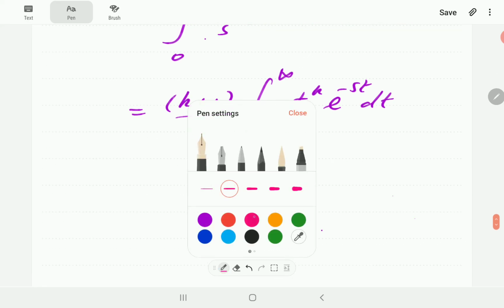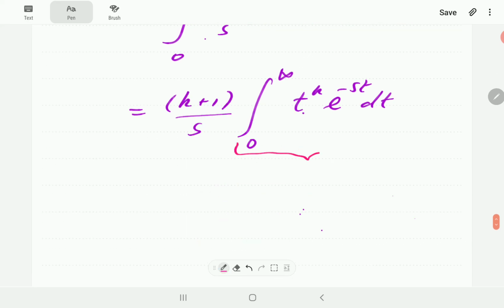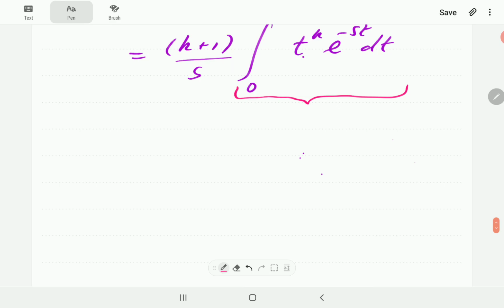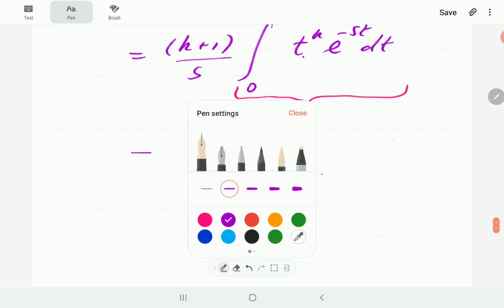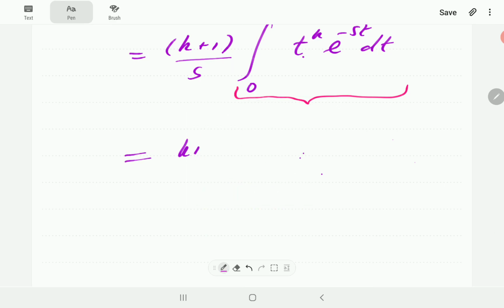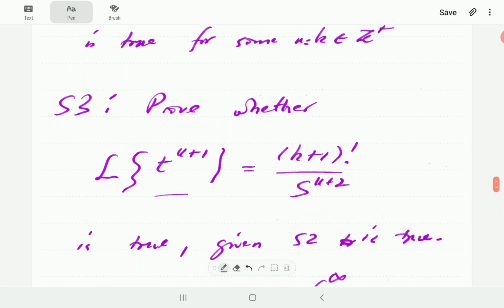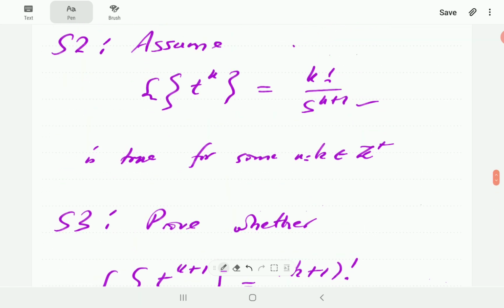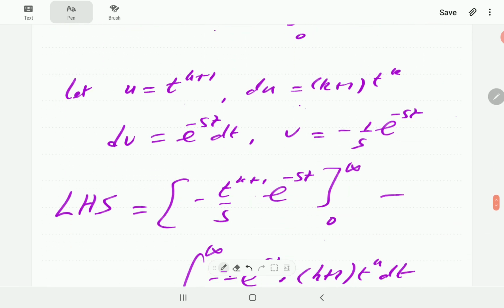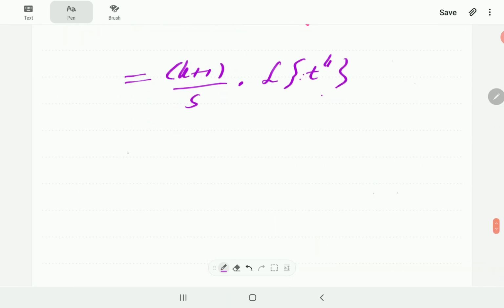But then notice this is just the Laplace transform of t to the power k. So that means we can write this as k plus 1 over s times the Laplace transform of t to the power k. Now from step 2 we have just assumed that that is equal to k factorial over s to the power k plus 1.